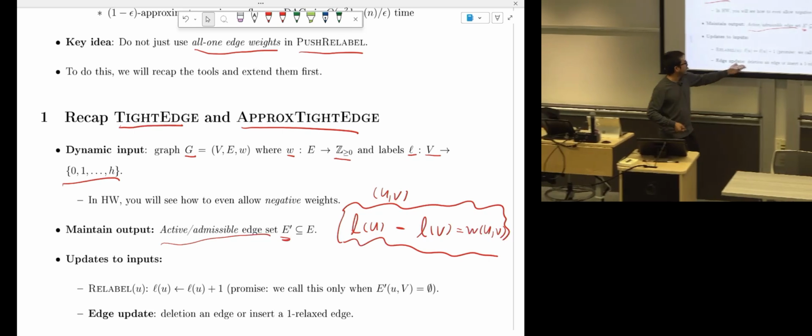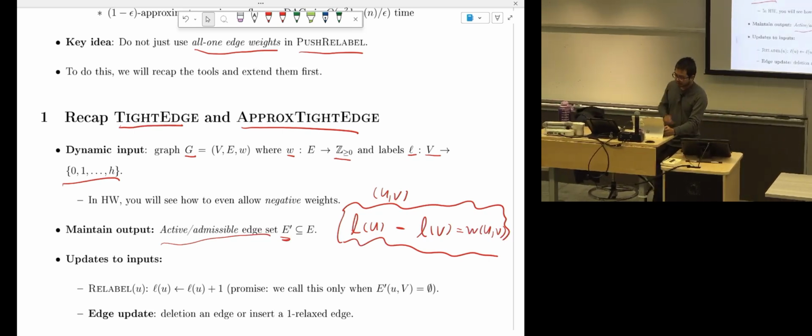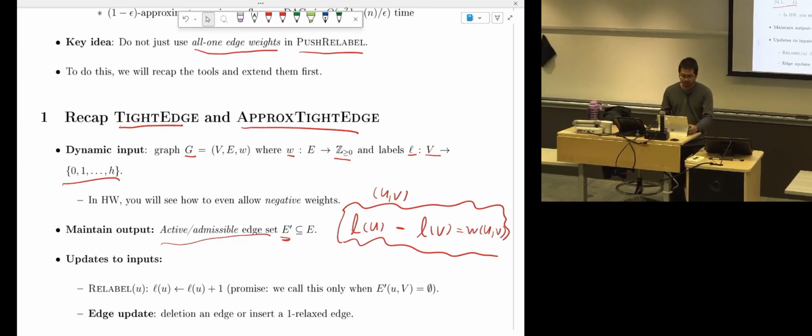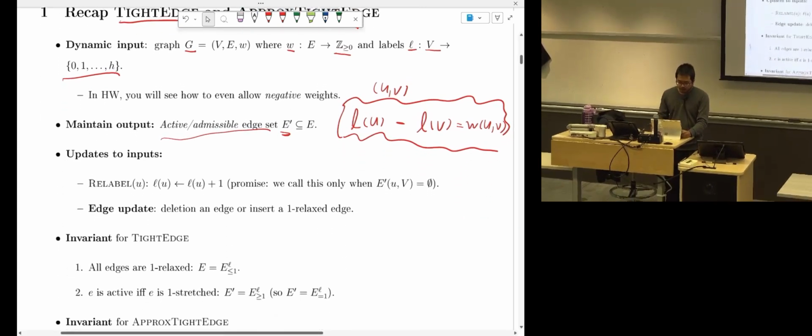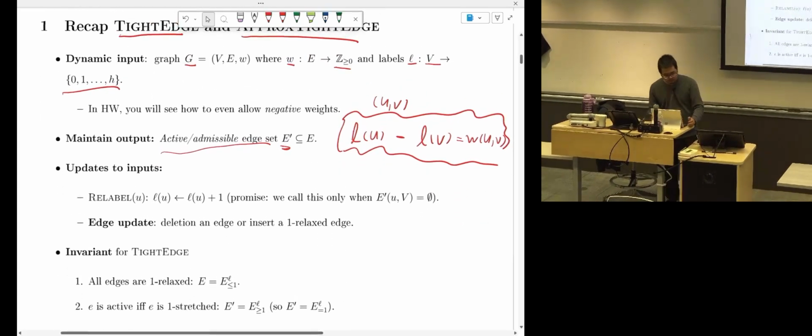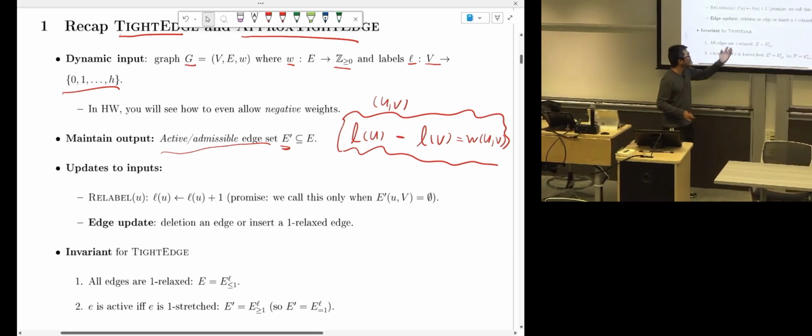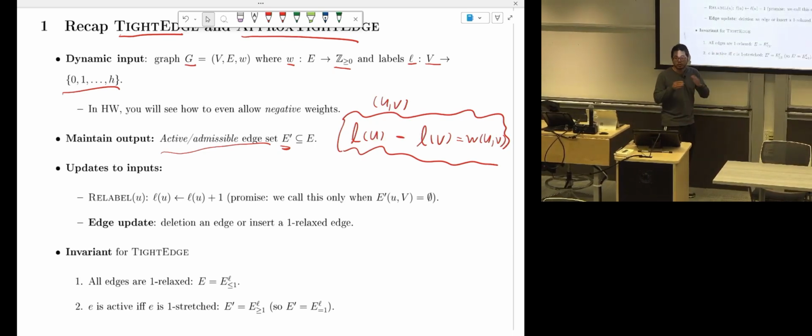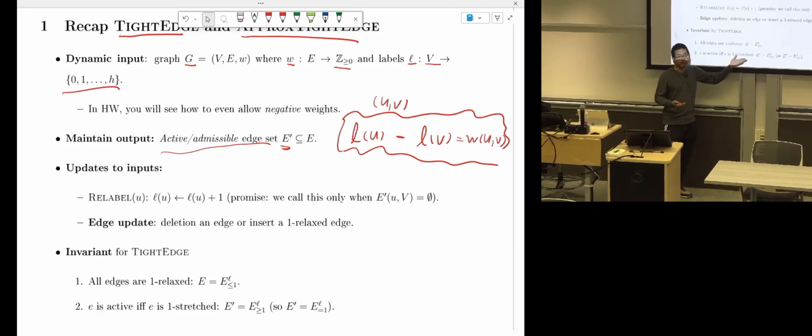And you can delete an edge. You can insert a relaxed edge. That's the update that you can do. And for the tight edge data structure, we want that all edges are always relaxed, no overstretch. And the active edges are exactly the edges that are stretched, which means it's tight.